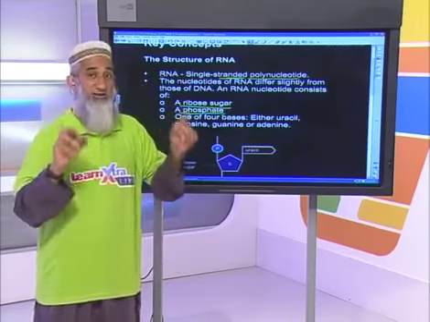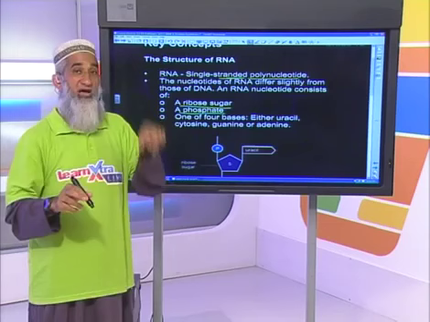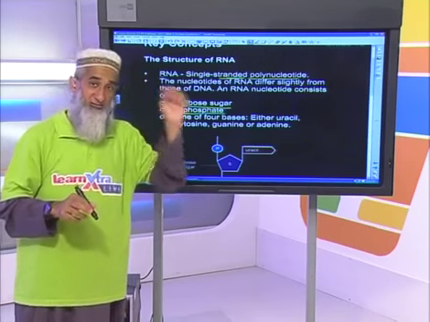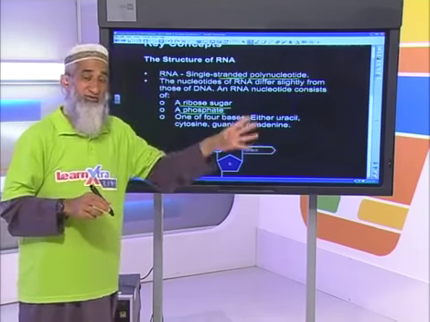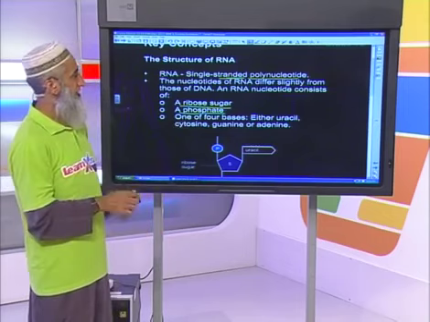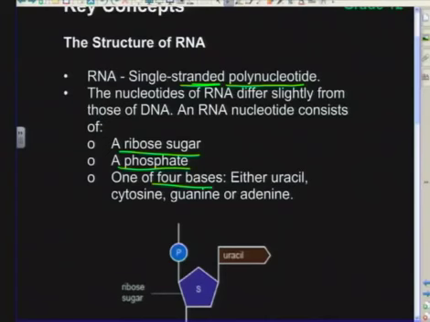Always look at similarities and differences, because they can ask you to provide the similarities and differences, or the similarities only or the differences only. And they have the 4 bases. In DNA we had 4 bases, here too we have 4 bases. We have either uracil, cytosine, guanine, or adenine.